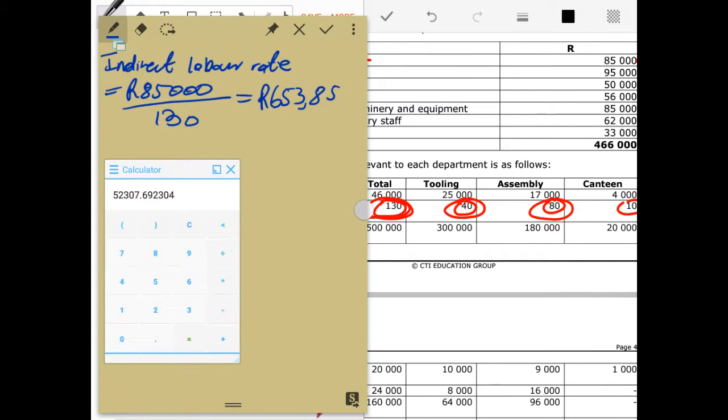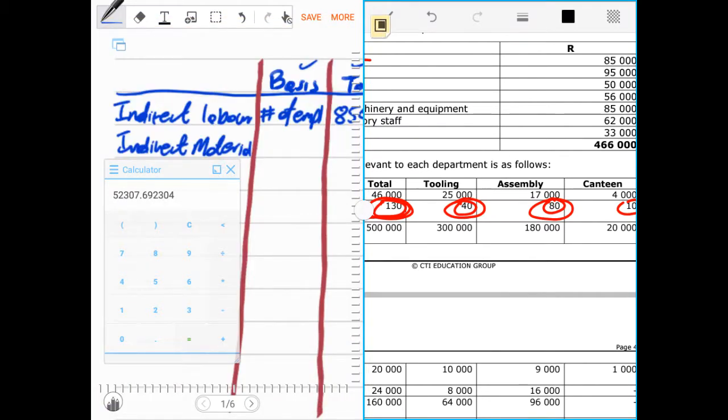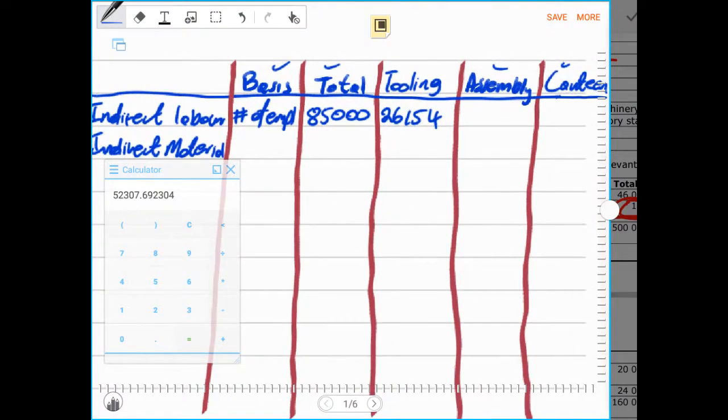That gave us 52,307 rand 69 cents, which is 52,308. We just round off to the whole number.